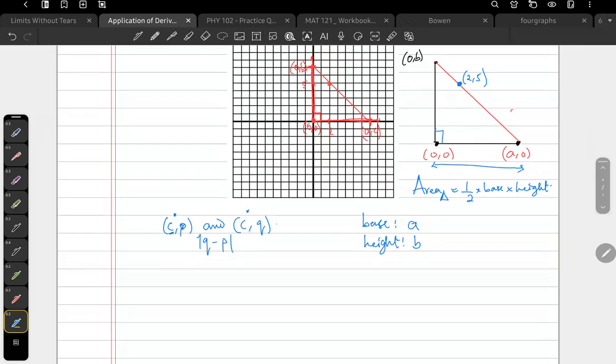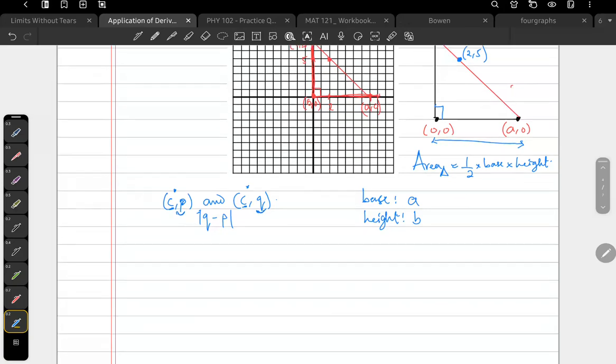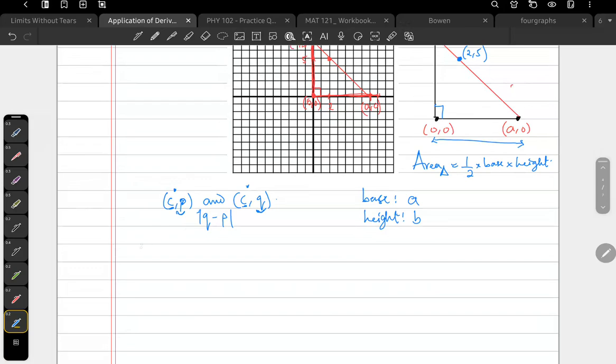Anytime one of the coordinates of your point is constant, the distance between the two points will be the difference between the non-constant components of the points. So instead of using the distance formula, the square root of x1 minus x2 squared plus y1 minus y2 squared, we could just do that, and we'll get the same thing.